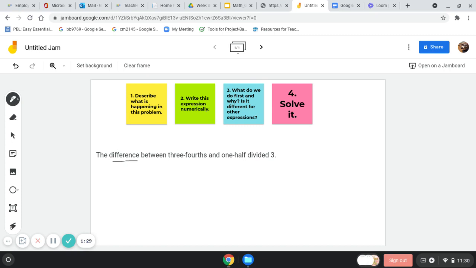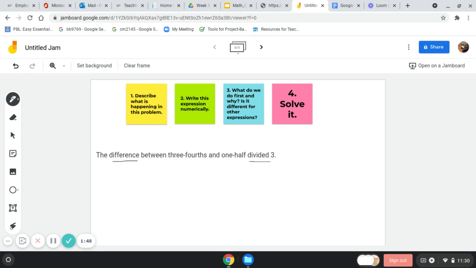Something else I'm noticing is the word divided, so there must be some type of division that is going to occur when we evaluate this numeric expression.